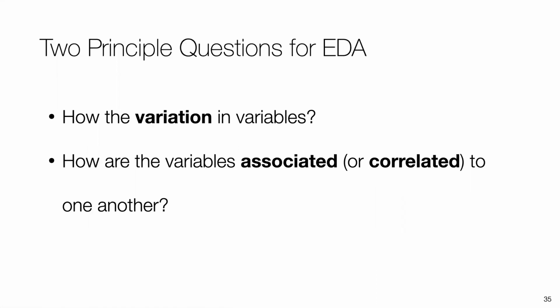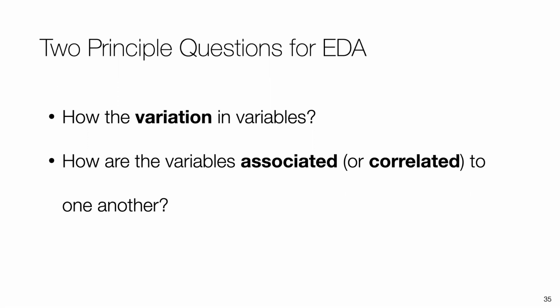And I think this was, even to me, a key moment, like, oh, these are the two core things. Once you get this and then look at the data, it helps you know what to look for and how to look. So number one is the variation in variables.